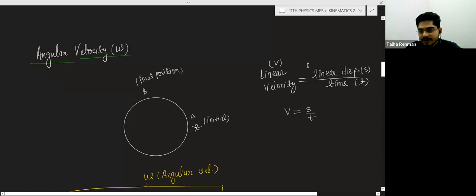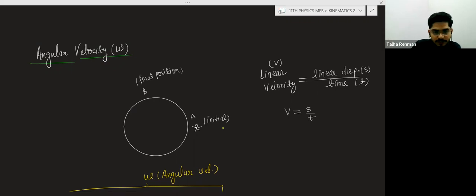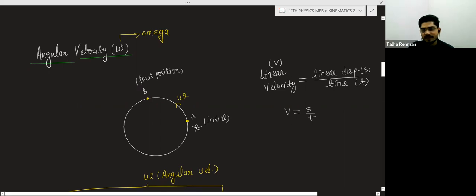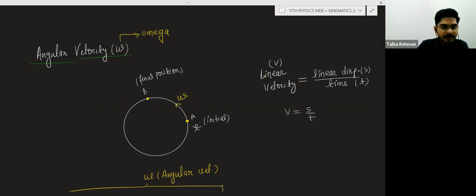Linear velocity is linear displacement divided by time.